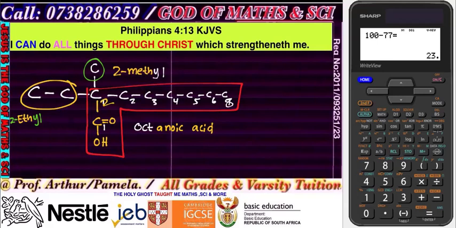The E comes first. So that means we're having 2 dash ethyl dash 2 dash methyl, and then we put the name, octanoic acid.